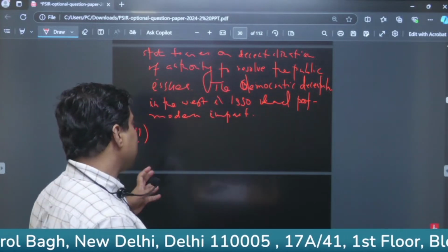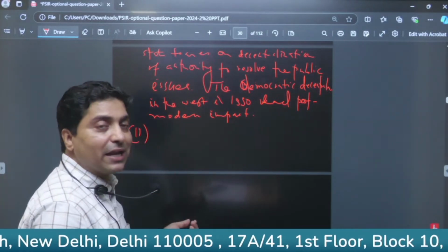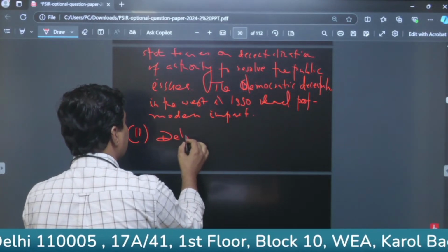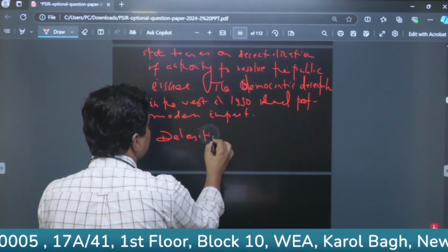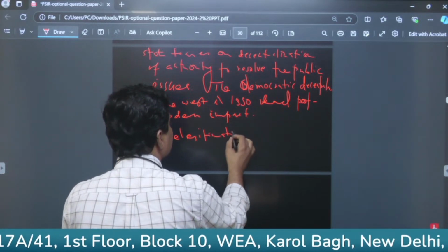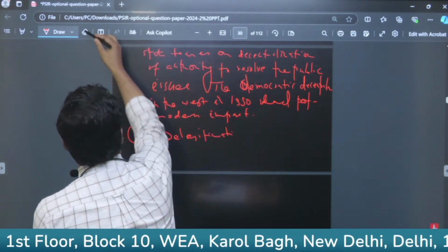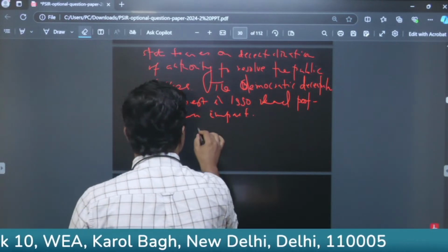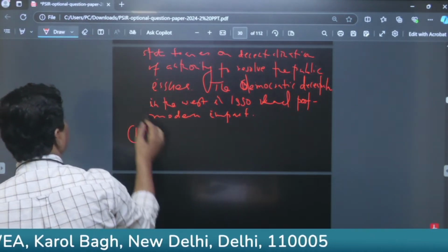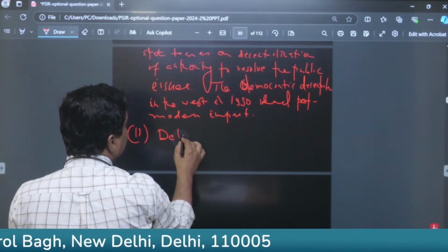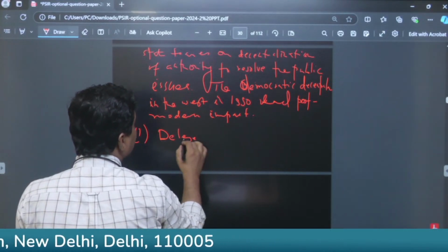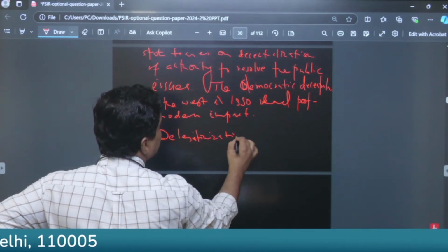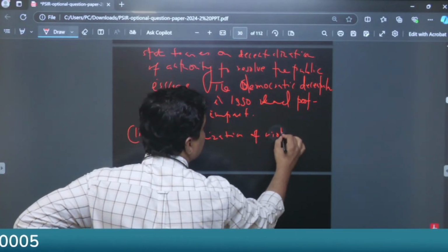But the postmodern state delegitimizes violence.